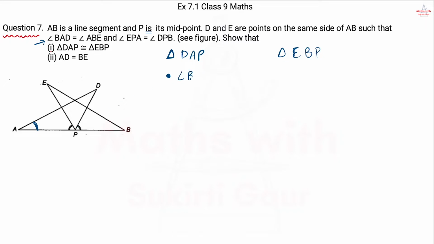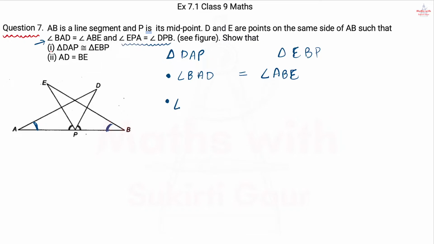Angle BAD is equal to angle ABE, this one, in triangle EBP. So ABE angle is from triangle EBP and BAD angle is from triangle DAP. First thing in common we have got here.